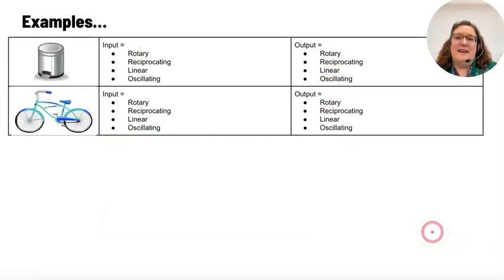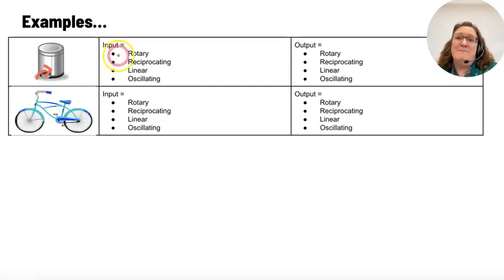So that leads us to our last two examples, which are a little interesting. If you think about this trash can, if you think about just stomping your foot straight down onto a button, that would be a linear, right? That's not how you open this trash can. You put your heel on the floor and you rotate from your heel, pressing your toes down to press the pedal.